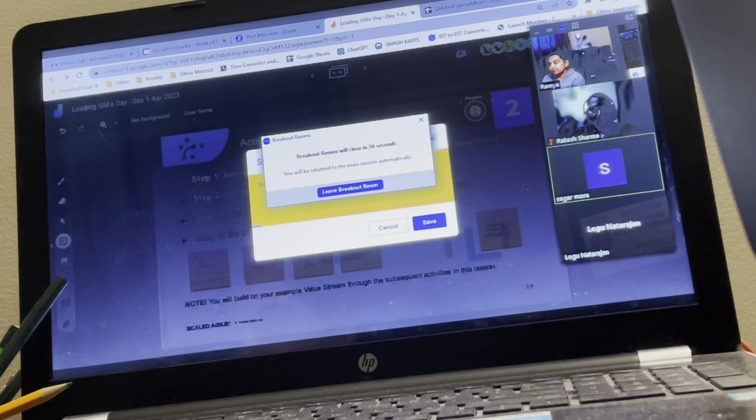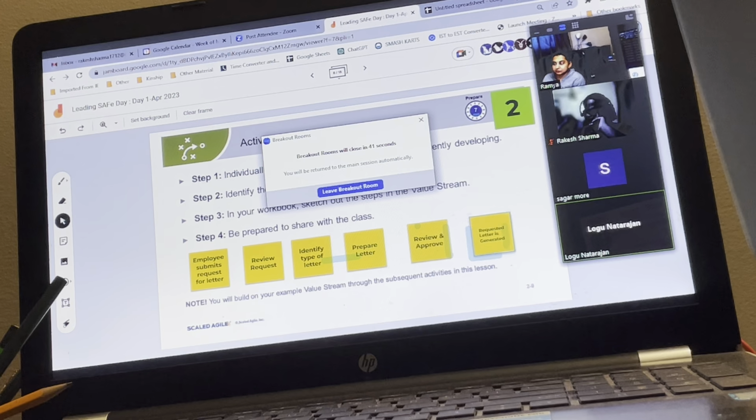In our case, what is the main solution we are providing? Here we just said that generating a letter requested by the employee is the solution for us. That's the product which we want at the end.